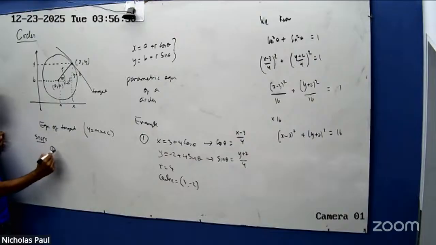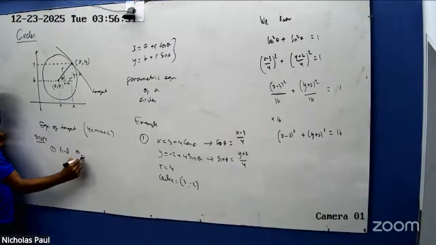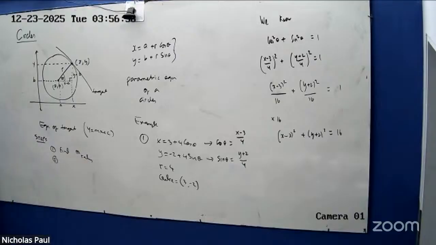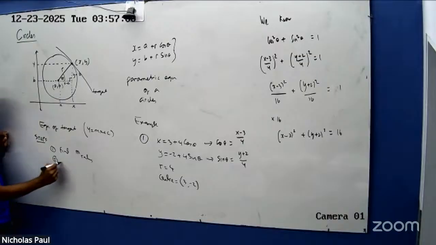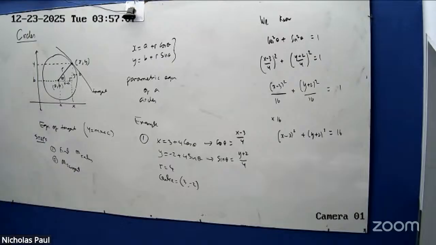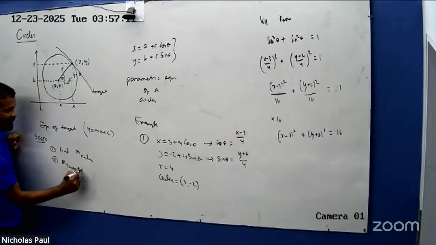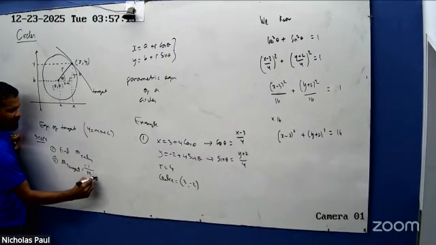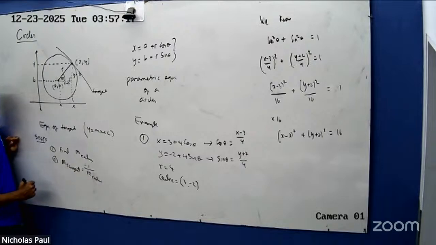Number one, you have to find the gradient of the radius. Anybody remember how to get the gradient of the tangent if you have the gradient of the radius? The negative inverse. So minus 1 over the gradient of the radius.